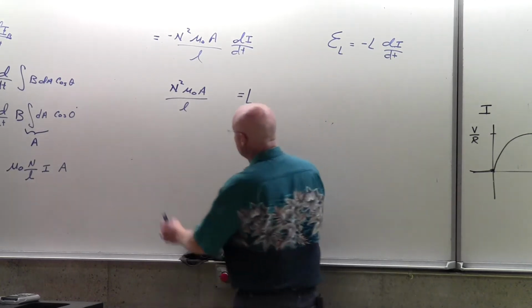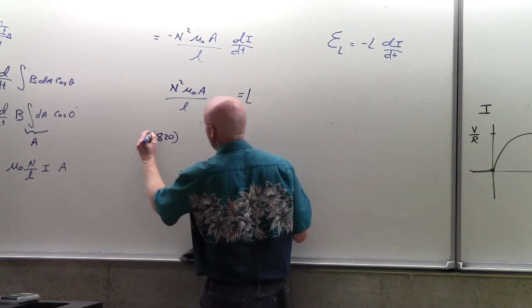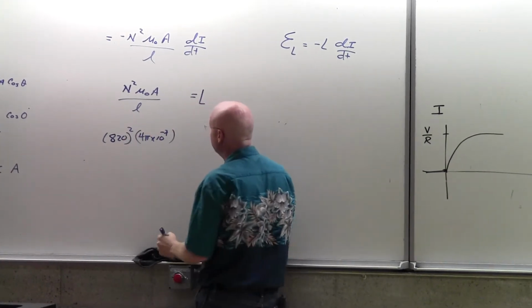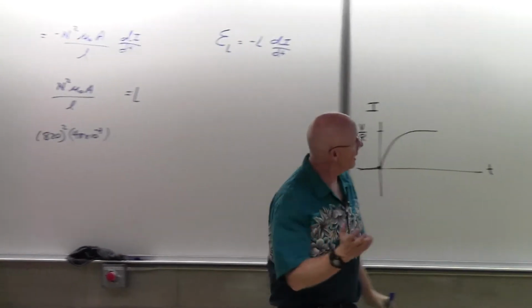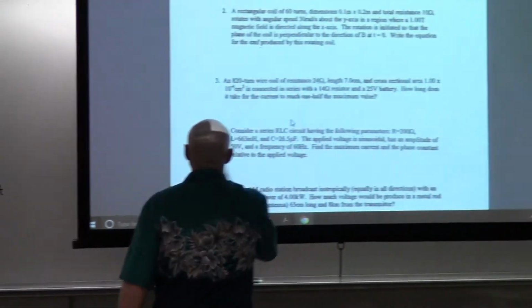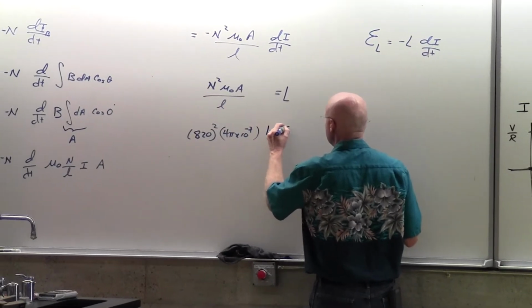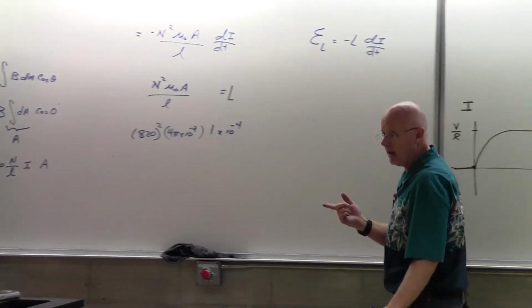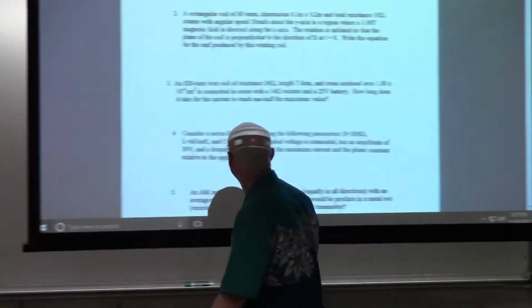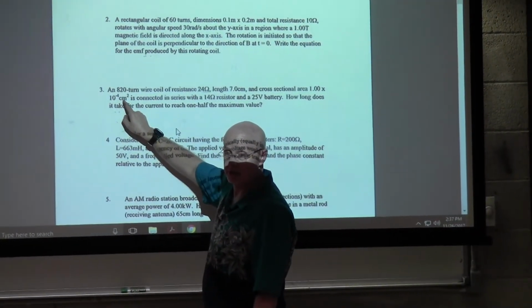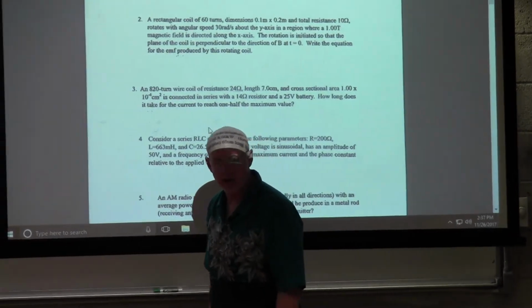And so these numbers I can put in. So this is the 820 turns. This is the 4 pi times 10 to the negative 7, the permeability of free space. The cross-sectional area was given in this problem. 1 times 10, and let's be careful with the units here. 1 times 10 to the negative 4, but then it is centimeters squared.